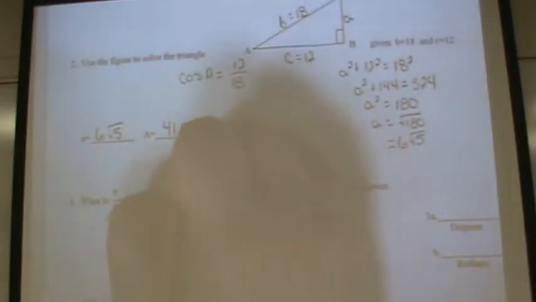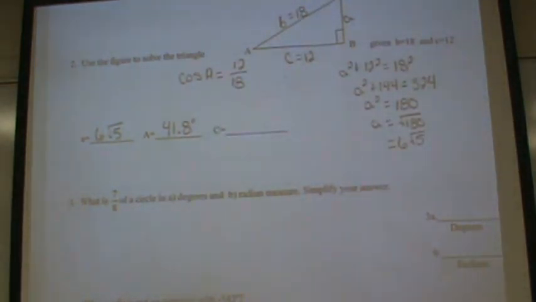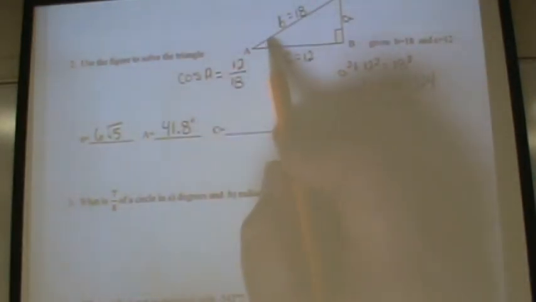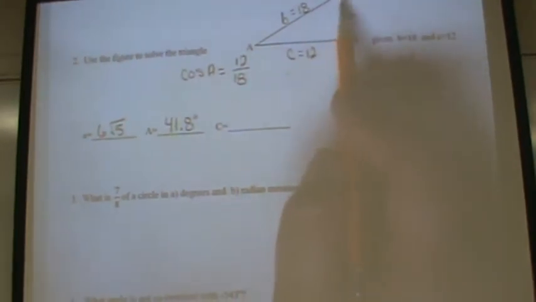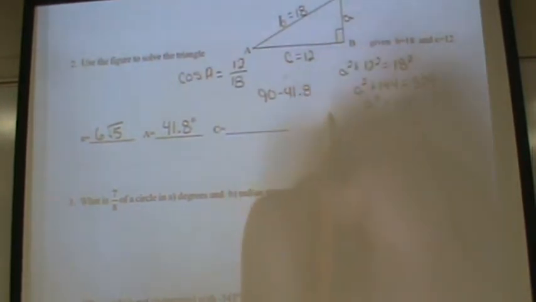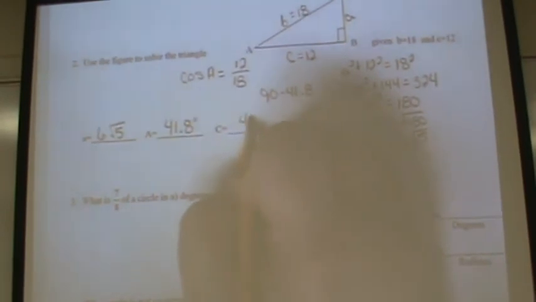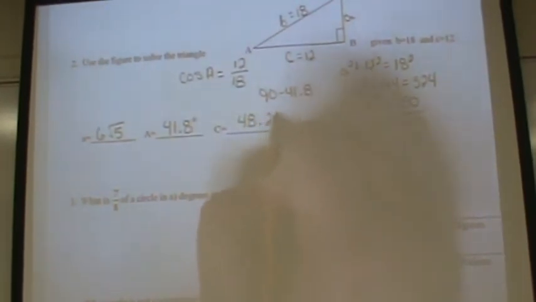You should get 41.8 degrees. So if you know that this angle is 41.8 and you're looking for C, you can take 90 minus 41.8 and you'll get 48.2 degrees.